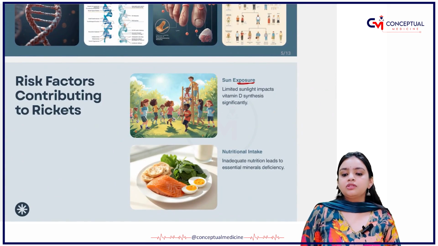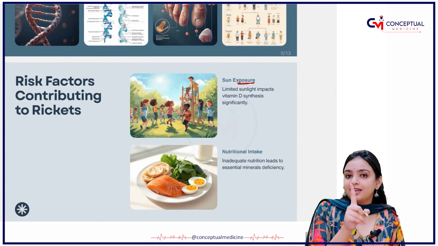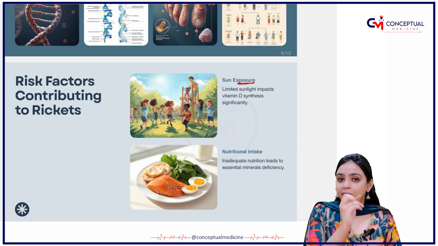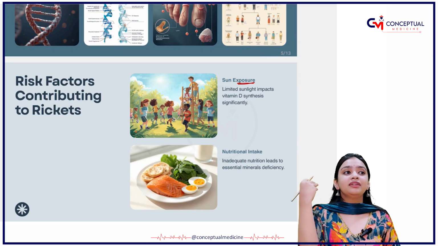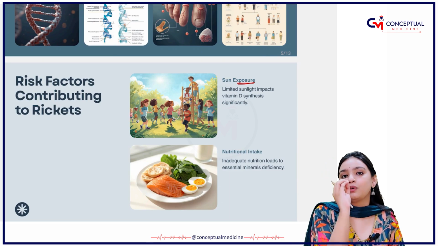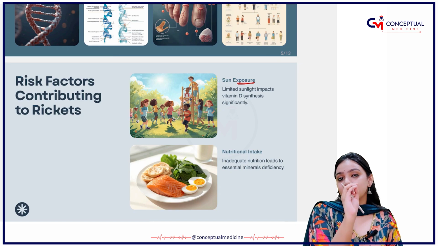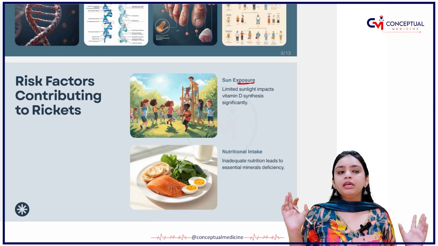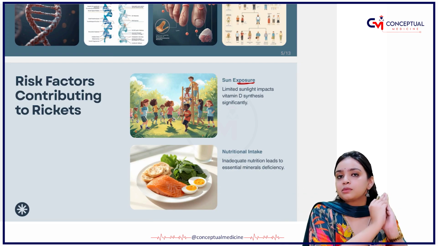What are the risk factors? First one is sun exposure. I have already told you that you have to ask the patient, you will not get a tan if you didn't get proper exposure to sunlight. For sure you will develop osteomalacia, and if it is a child, he will develop rickets, right? So there should be a proper amount of sunlight exposure.